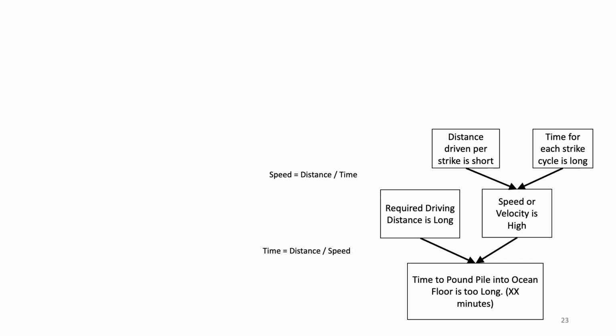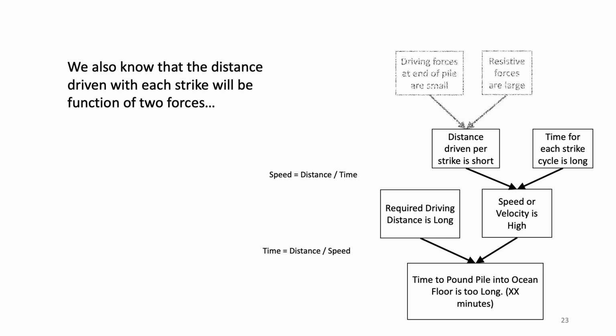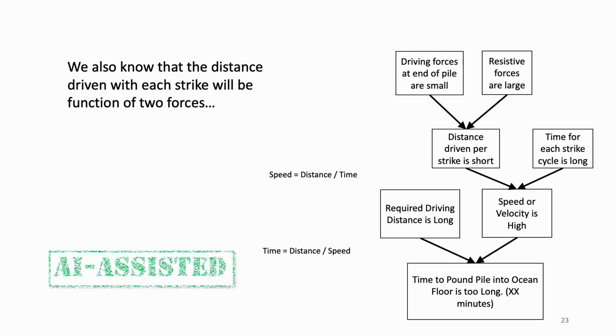Now we can look at the fact that we know that the distance driven with each strike will have two forces. So there's the distance driven. I'll add driving forces at the end of the pile are small, and resistive forces are large. Pretty basic.